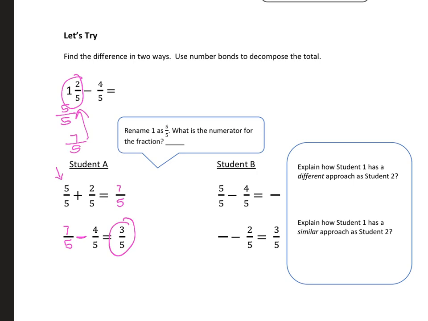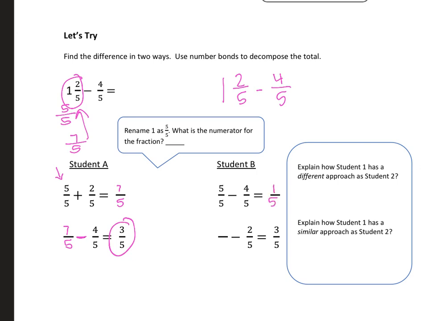Okay. The other way they did it was student B said, okay, I have 1 2/5 minus 4/5. So I'm going to first subtract 5/5 minus 4/5. I'm going to take this one whole and I'm going to subtract 4/5 from that first. Okay. So I'm going to say, all right, 5/5 minus 4/5 is going to give me 1/5.